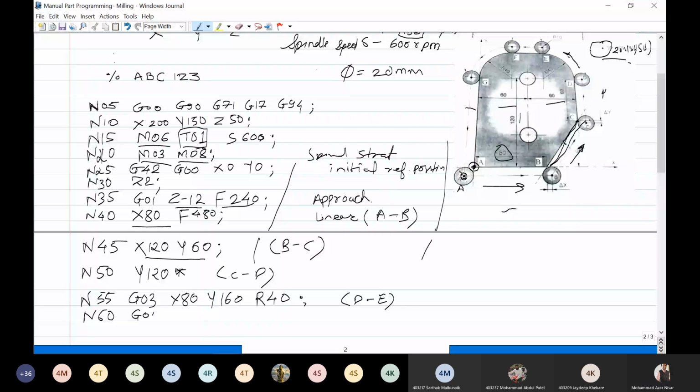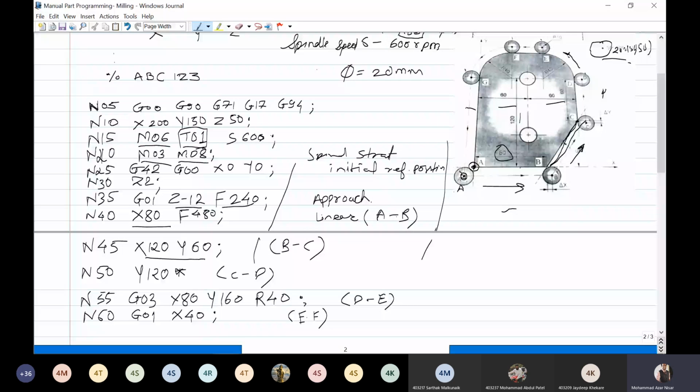X is 40. G01 X40. So now it moves from E to F.